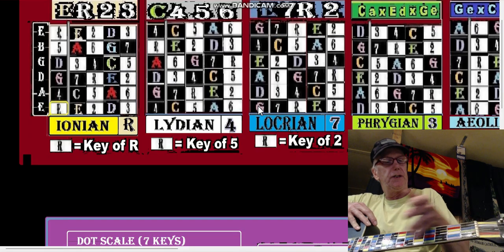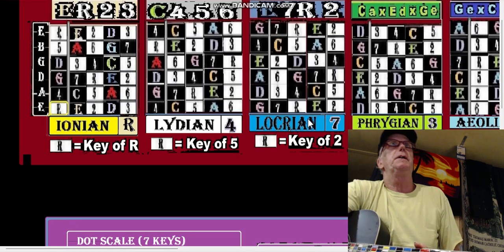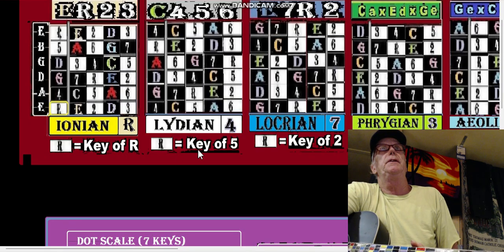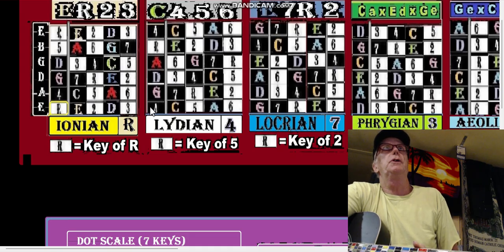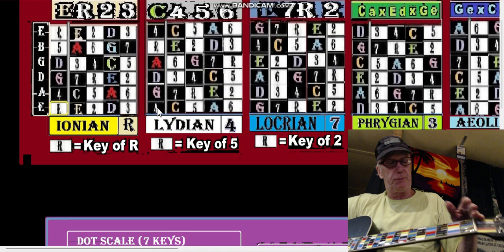You move those cages down, then it becomes a cage that can play in this key, this mode. Okay? Now of course if you want to stay in Ionian, stay in the root key, and then you would go up this as if it was a fretboard. So then you'd have to play this on the 4th of this one.